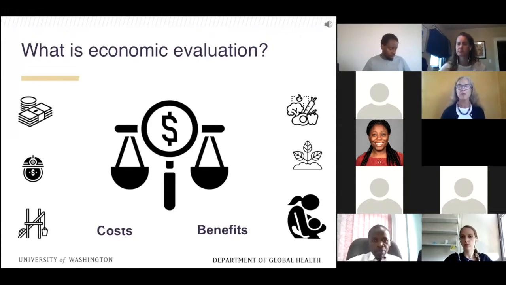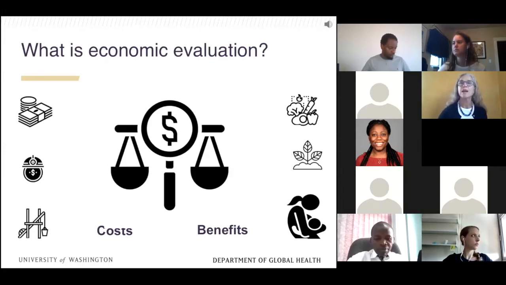So, for example, we can compare the costs and benefits in home visits compared to perhaps a mass media campaign to disseminate behavior change communication to improve infant and young child feeding, right? Or we can use economic analysis to compare biofortification with home gardens or with vitamin A capsule supplementation to address micronutrient deficiencies.